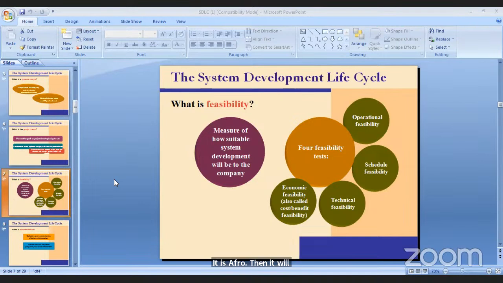So as the manager of any government or semi-government organization, your first priority will be the operational feasibility. Next is the schedule feasibility. They are not taking much care about the economic or technical, because the government can provide more finance, and technically they have enormous resources, so that is not a constraint.